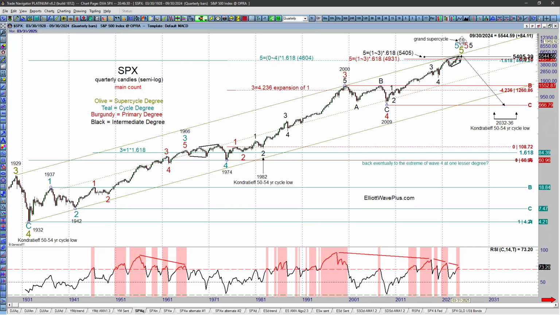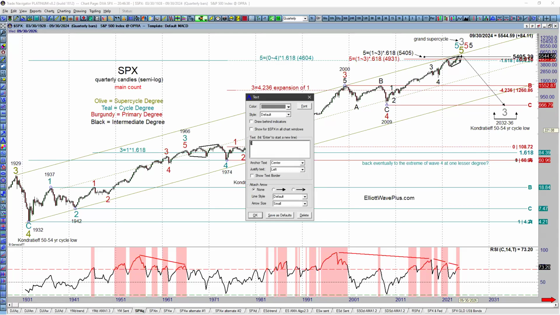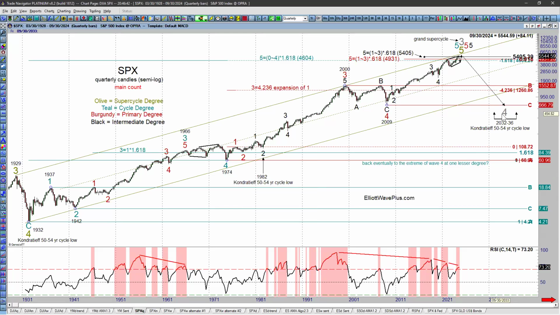What we're going to see next is probably a grand supercycle wave four. In any wave four that occurs, it could be any number of Elliott wave corrective patterns. It could be a zigzag. It could be a flat. It could be an expanded flat. You could get a new all-time high during that wave four. It could be a triangle. It could be a running triangle, where once again you could get a new all-time high during a triangle.